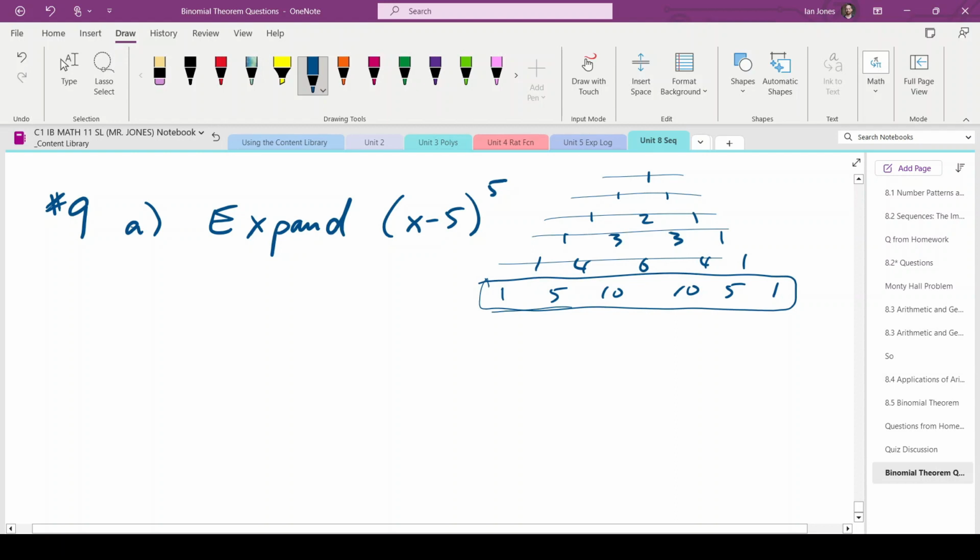So that's the row I need. And my A is x, my B is negative 5.